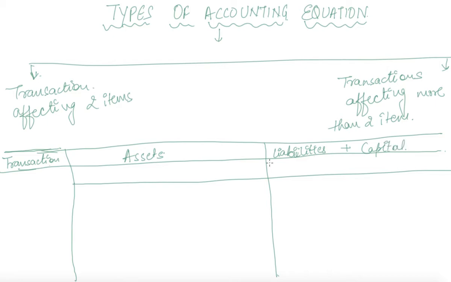We have discussed that our accounting equation is assets equals liabilities plus capital, right? We have studied this equation before as well. So, similarly, while preparing the accounting equation, we are required to balance the assets with the liabilities and capital. In the asset part, we are required to write various types of asset as per the given question, and similarly the liabilities and capital as well.